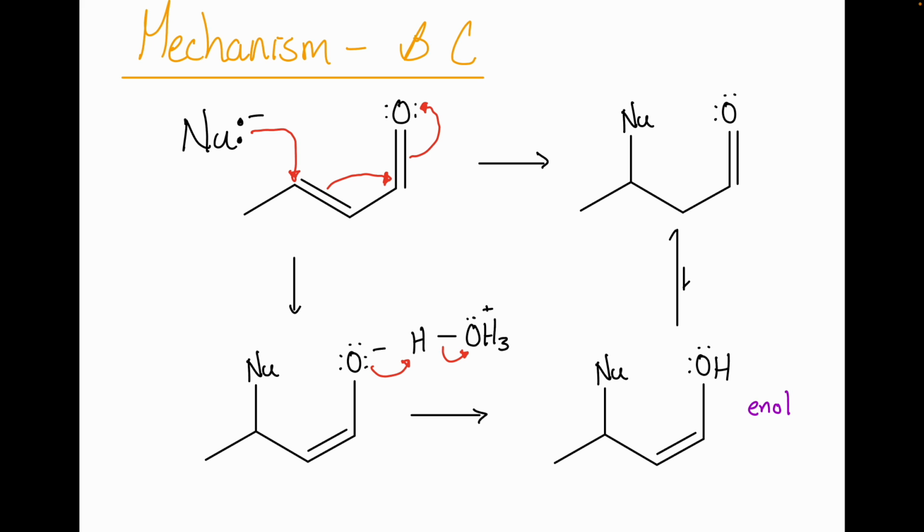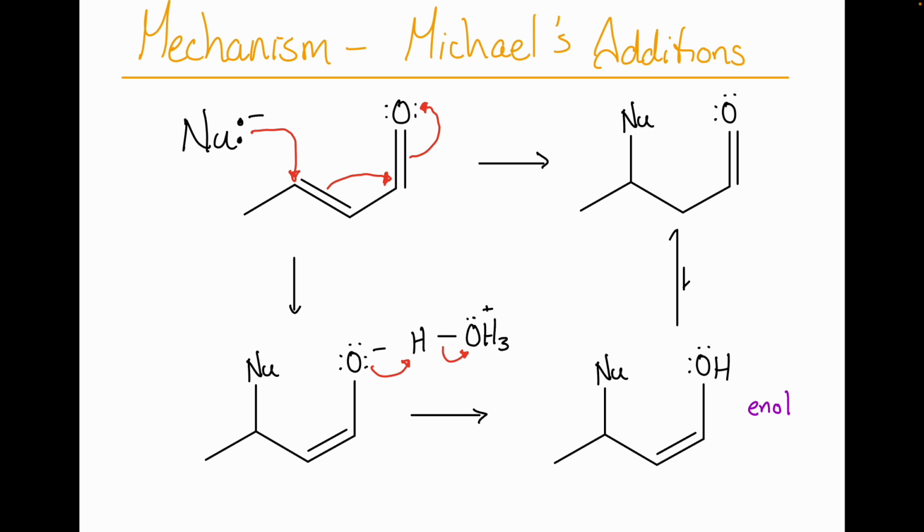These beta carbon additions are what we're going to call Michael additions. The alpha beta on the enone here is what we call our Michael acceptors.